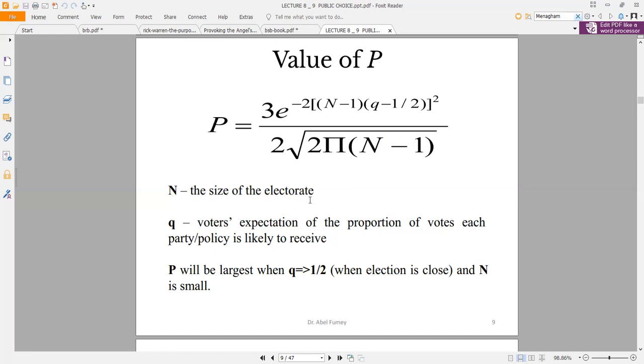But assuming you have 1 billion people voting on a particular policy, how can your single vote be decisive? So P becomes very large when, one, N is small, and two, the expectation of the proportion of votes that each party is likely to receive is greater than or equal to half.